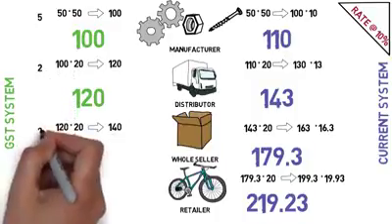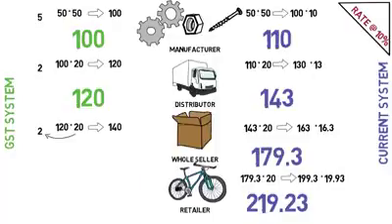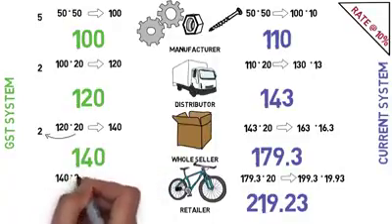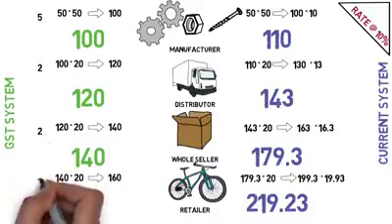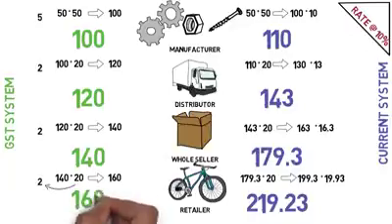The retailer buys the product for 140 rupees, adds profit of 20 rupees, pays taxes of 2 rupees on his profit and raises the final consumer price to 160 rupees. So if the prices are compared, the product is 59.23 rupees cheaper in the GST system than in the current system.